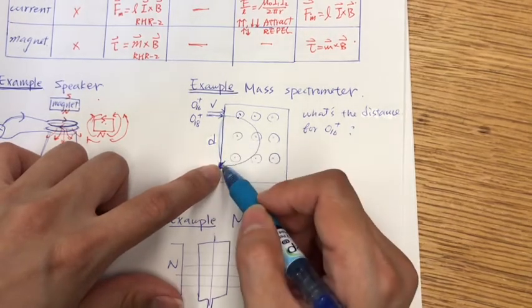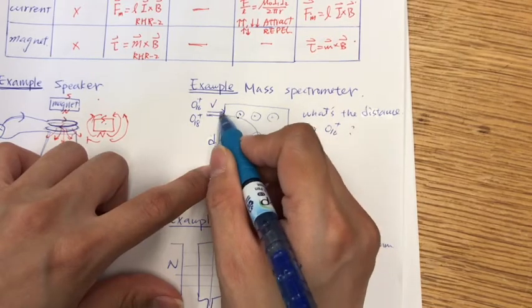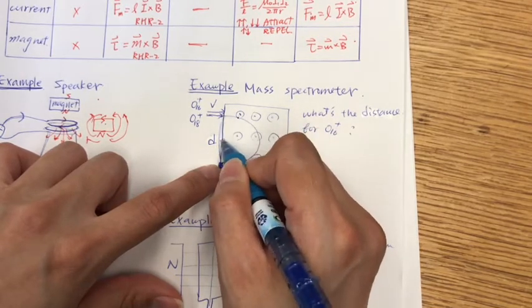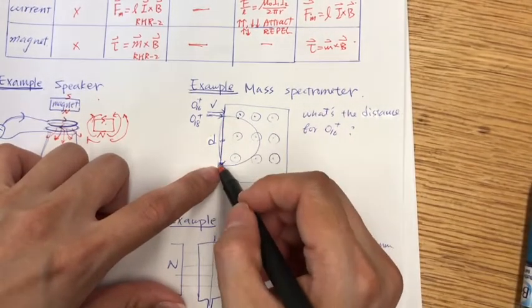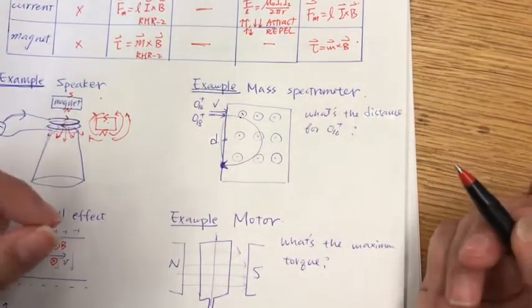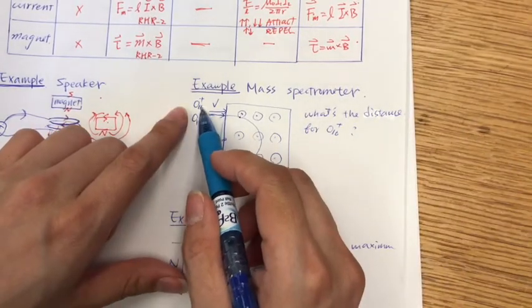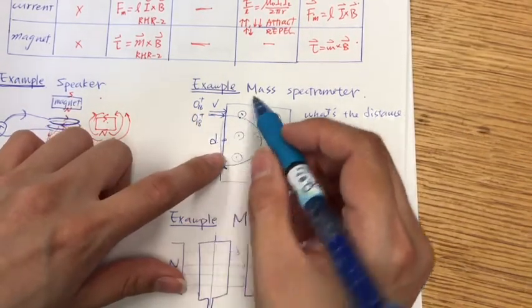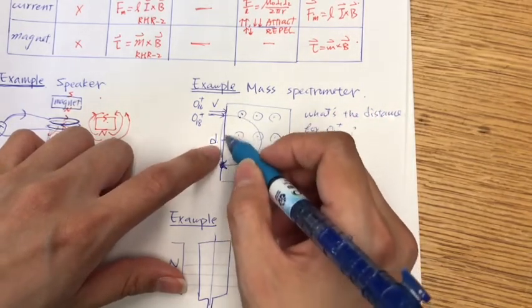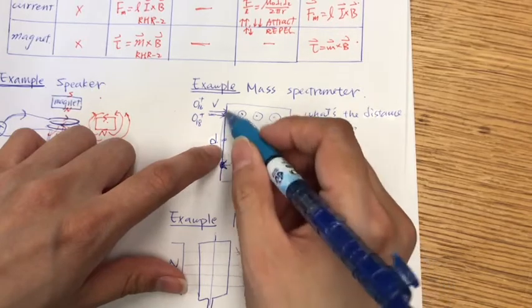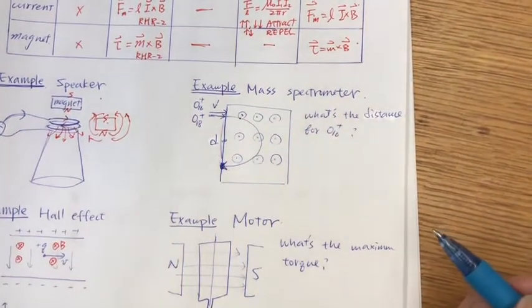The distance between this point and the starting point is D. And now if I put another ion which has less mass, I want to know where I can catch it on the sensor, like what the trajectory is going to look like.